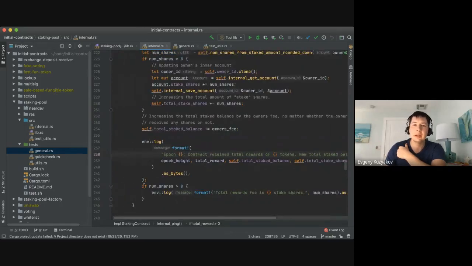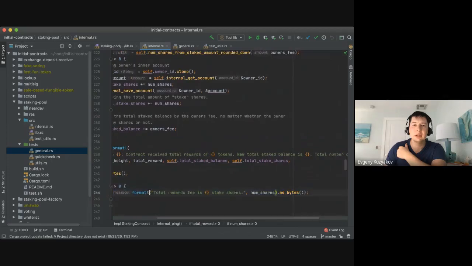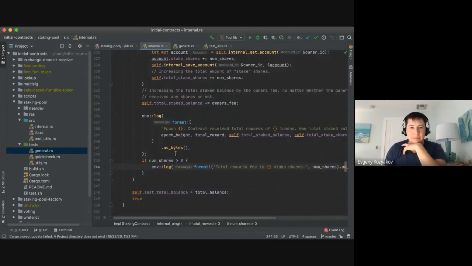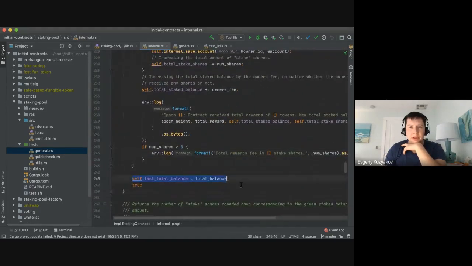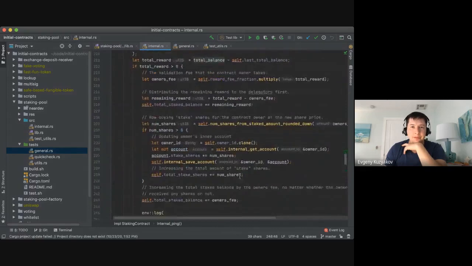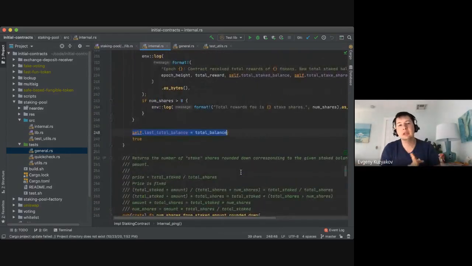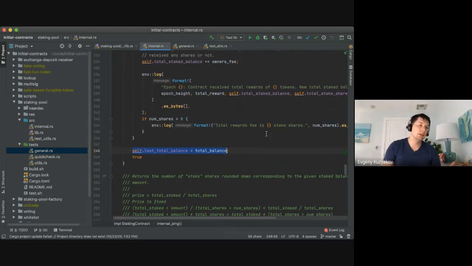And if the owner received rewards, we're saying total reward fee was so many shares. And finally, we just remember the new total balance, and that's it. So we distributed all rewards in constant time. We only updated one account, and this is the owner's account for commission, and only if the commission was positive.